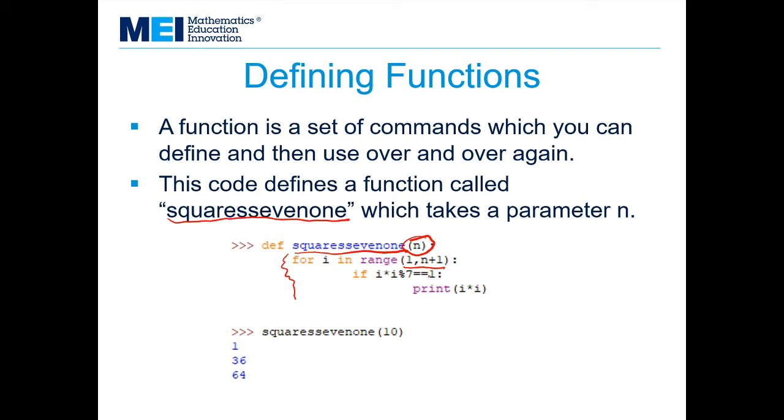You might like to think about why it's n plus 1 rather than just n. And then the output of the function would look something like this: 1, 36 and 64. It's gone through and found all of the square numbers which are one more than a multiple of 7. Let's have a look at that in the shell.